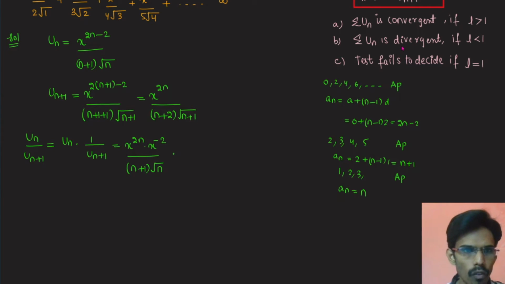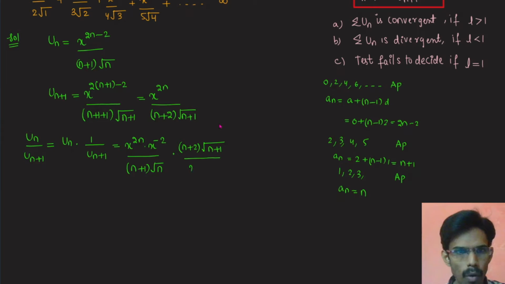Next we have 1 by un plus 1, which is the reciprocal. Reciprocal means take the reverse, that is, the numerator goes to the other side. Next we have root of n plus 1 upon x power of 2n.